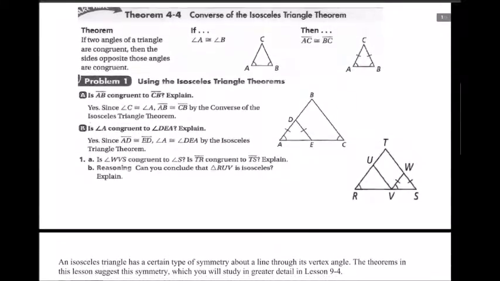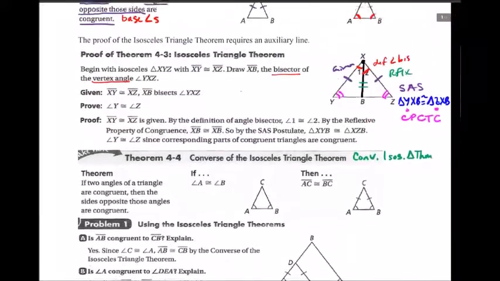Now, our next theorem is called the converse. And what does a converse mean? It means we switch our if-then statement. So the converse of the isosceles triangle theorem, what did our isosceles triangle theorem say? Let's look at it.